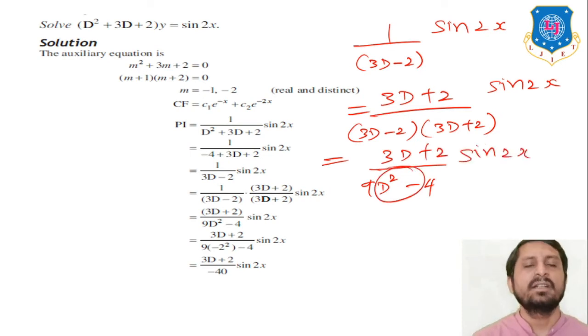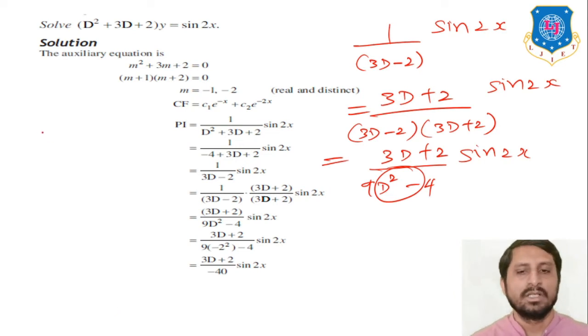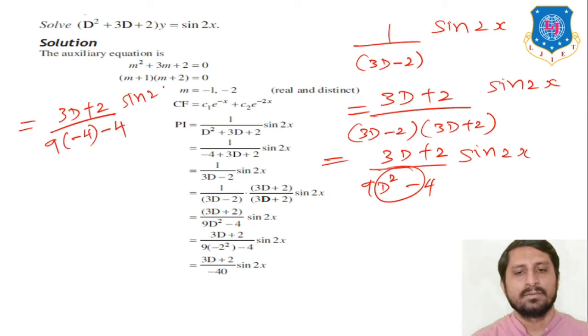Now again in the denominator you have D square, so instead of D square you can take minus 4, so I write here 1 upon 9 into minus 4, minus 4 is minus 36, minus 4 is minus 40, so minus 1 upon 40 times (3D plus 2) sine 2x.